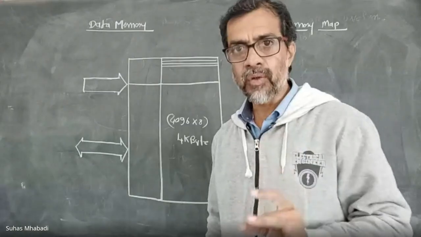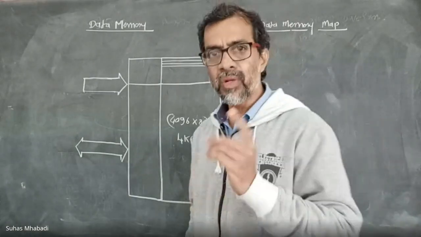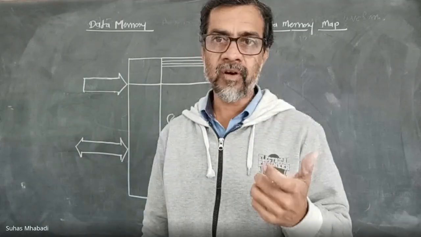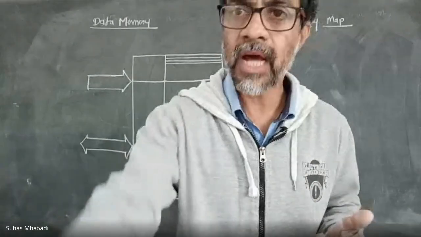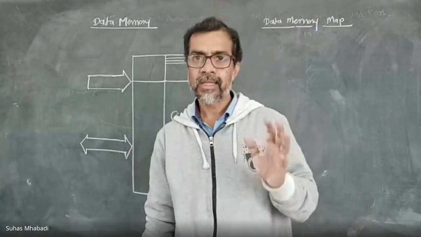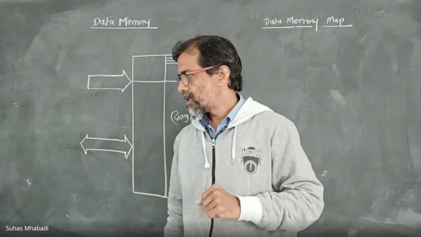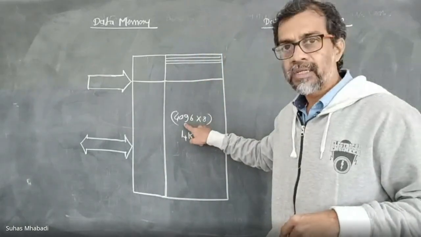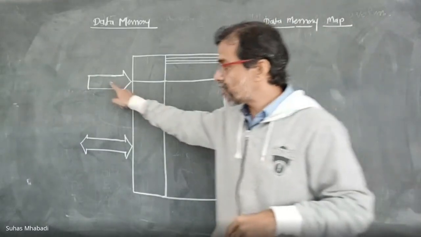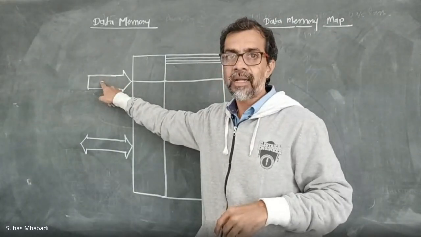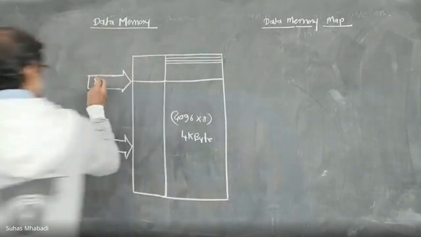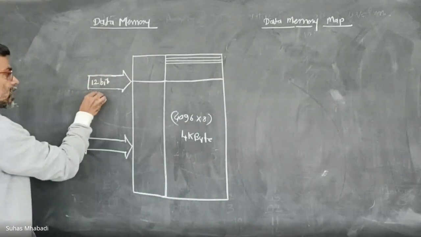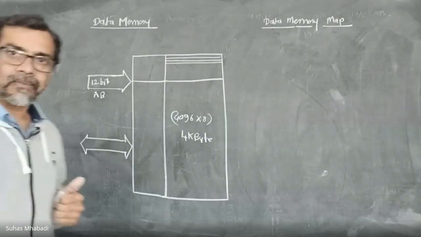The control bus we haven't shown intentionally because there are only two lines, one line for the reading process and one line for the writing process. But we have shown the address bus and data bus. Depending upon the size of this memory, the number of address lines is 12, so this is a 12-bit address bus.